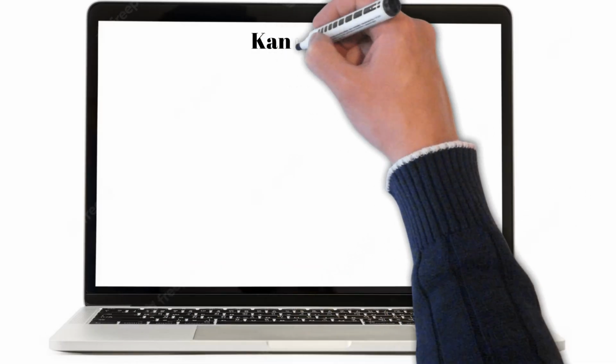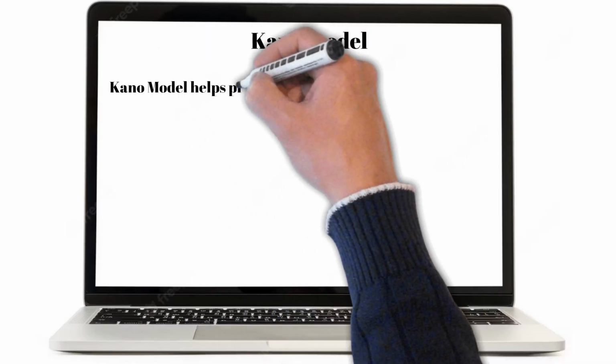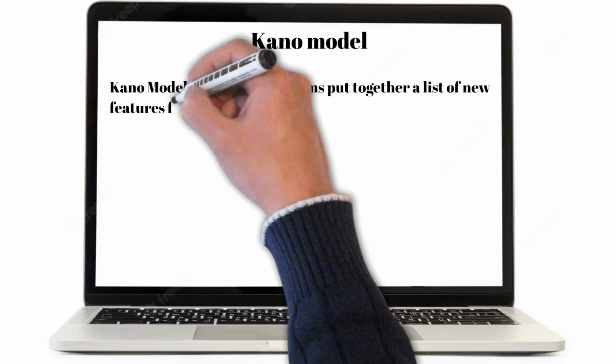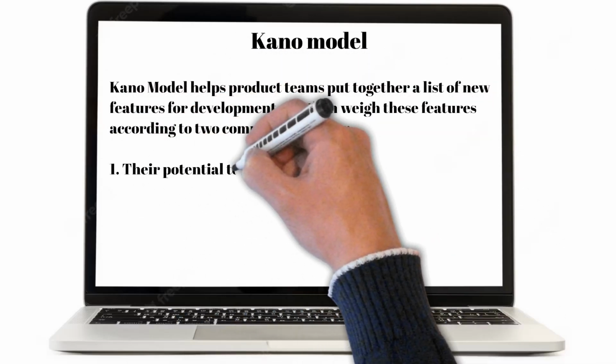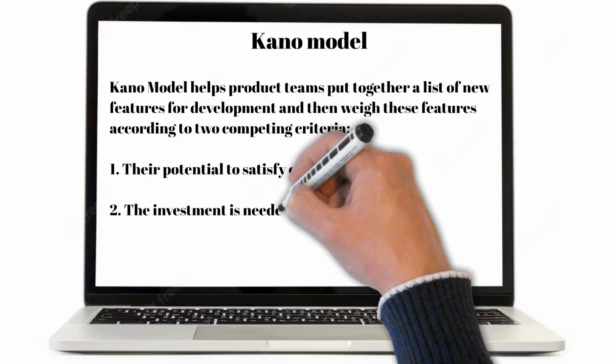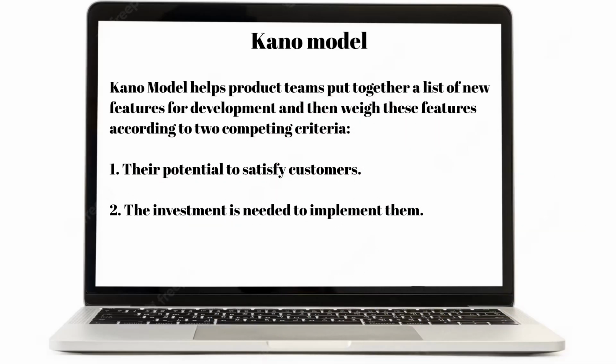The Kano model is a theory for product development and customer satisfaction developed in the 1980s by Noriaki Kano, which classifies customer preferences into 5 categories. The Kano model helps product teams put together a list of new features for development and then weigh these features according to 2 compelling criteria. Number 1, their potential to satisfy customers.